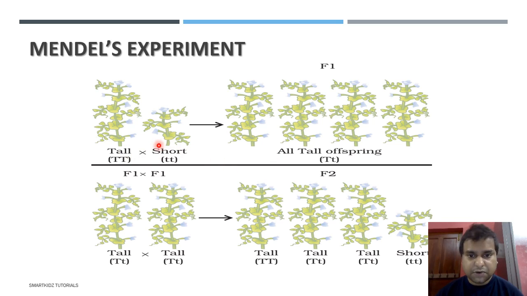Now this is a cross pollination. And he found that what he got were tall plants. For simplicity's sake, we'll just take it as we see it on our screen here. All plants were tall. And this next generation, the offspring, is referred to as F1. F1 is filial one, or the first generation.